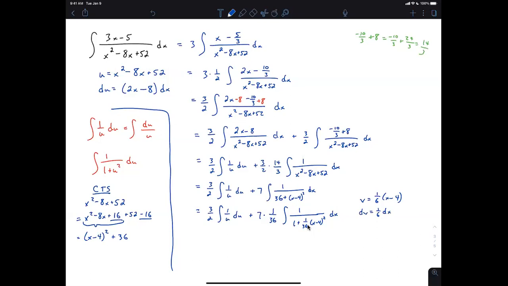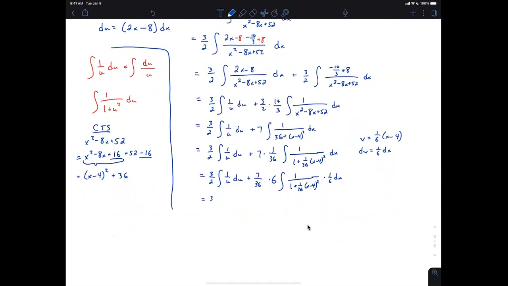And so now we've got 3/2 integral 1/u du. We've got 7/36. We need a 1/6 inside, so then we need a 6 outside.